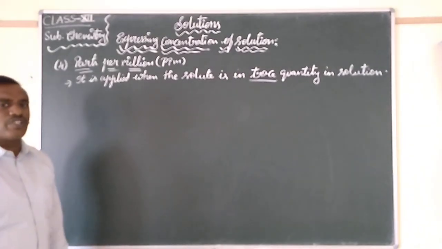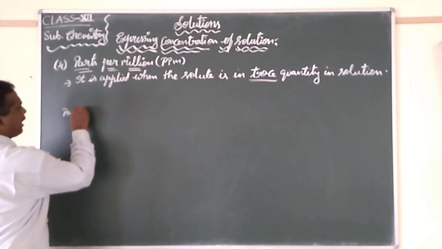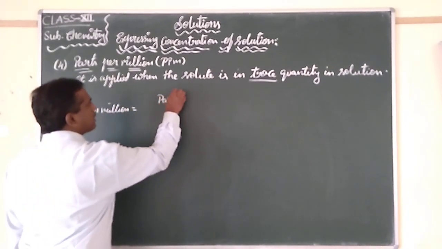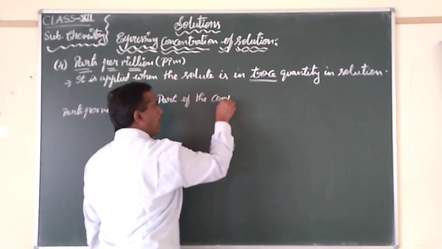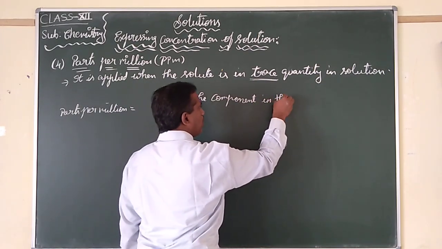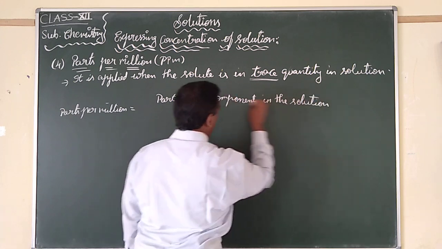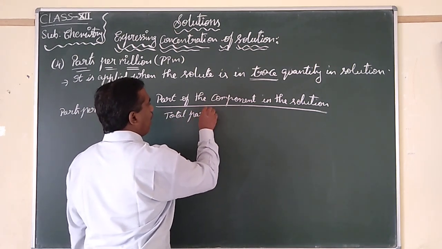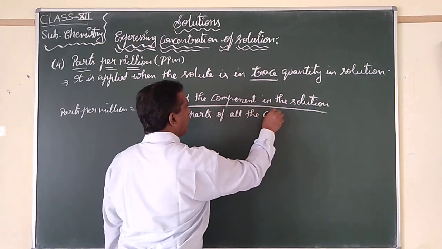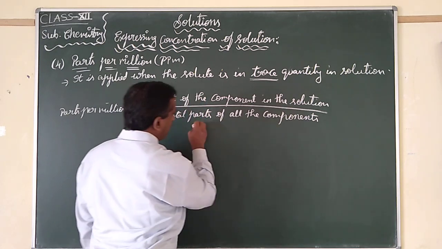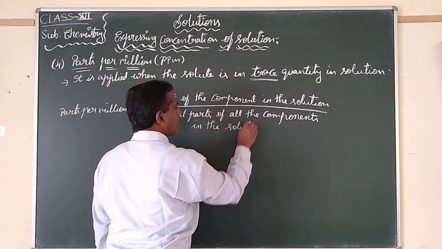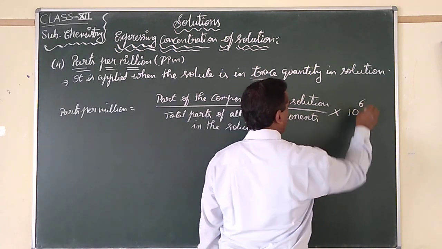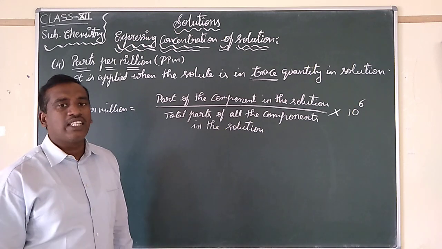Now, what is the general equation we are going to give here? Parts per million is the part of the component in the solution by the total parts of all the components in the solution, into million, meaning 10 to the power of 6, that is 1 followed by 6 zeros.